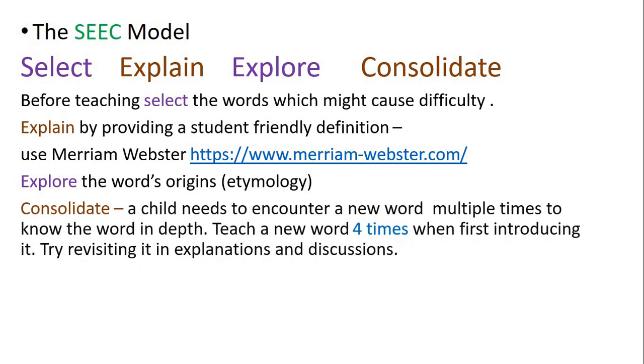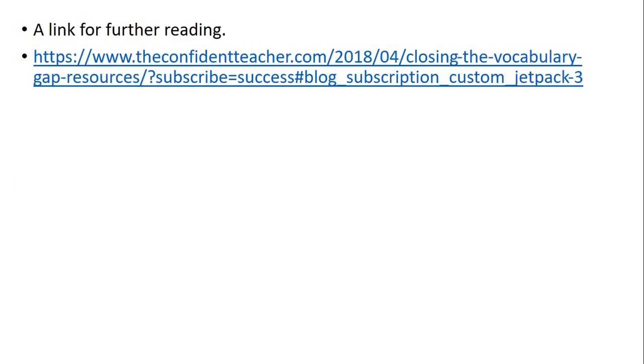But then this is the really crucial thing, trying to bring that word back up lots of times so that you don't just look at it once. And it really goes into students' long-term memories. There's a link here if you fancy doing a bit more reading.